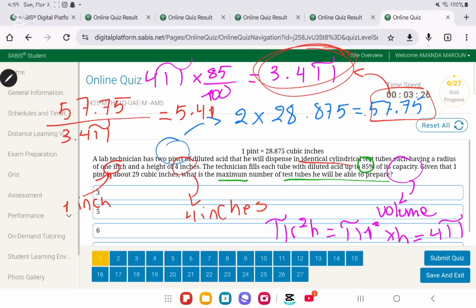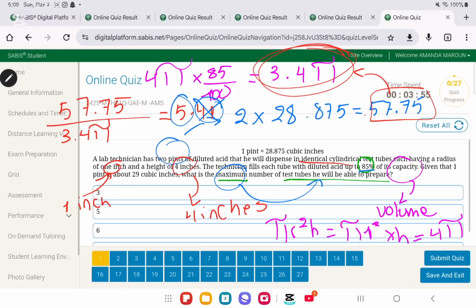Now that means they need the maximum number of test tubes he will be able to prepare, and he needs to fill it to the maximum, to the top, to the fullest, which is the 85%. So the 0.41 does not count as anything.